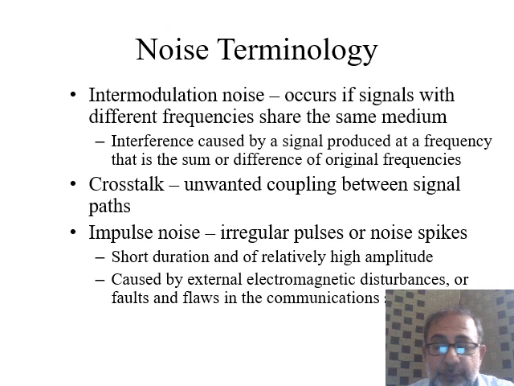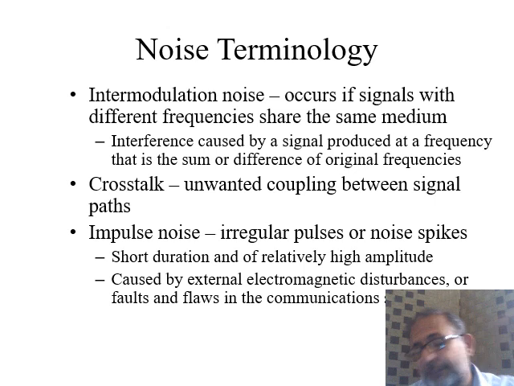The third type of noise was the crosstalk. It is the unwanted coupling between the signal paths, which causes overhearing somebody else's communication, and it is extremely unwanted, undesirable in any communication system.